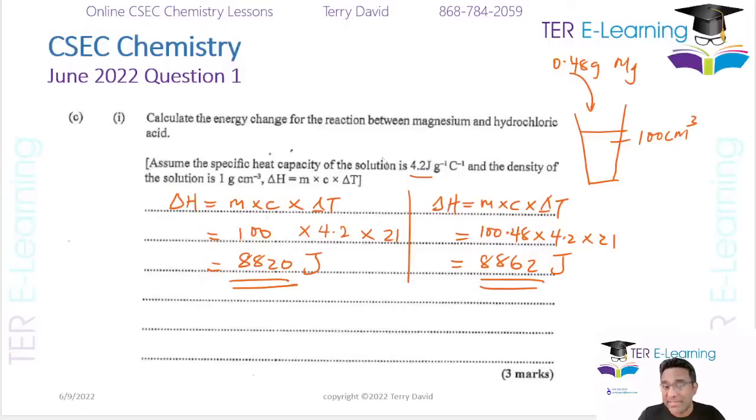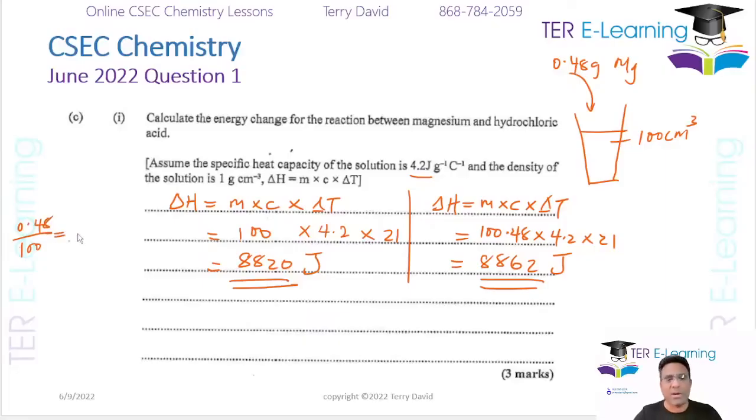Now, this is one instance where you don't necessarily have to add the 0.48, and I'll tell you why. You have 100 grams of liquid inside it. The amount of magnesium that you're adding is only 0.48 grams.